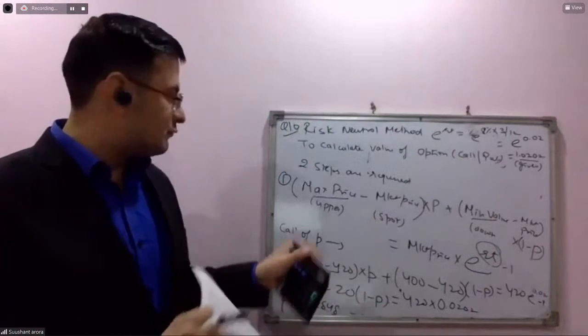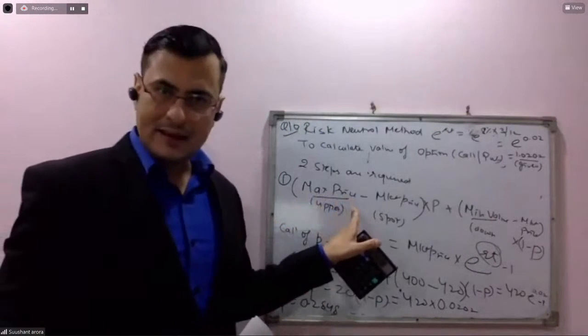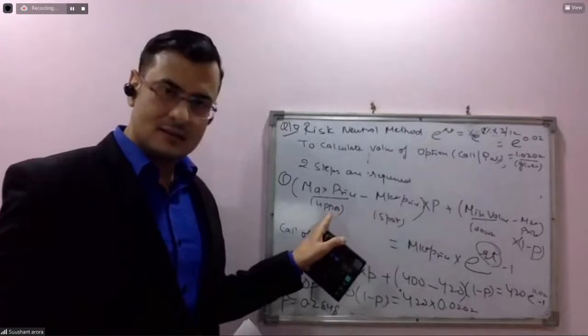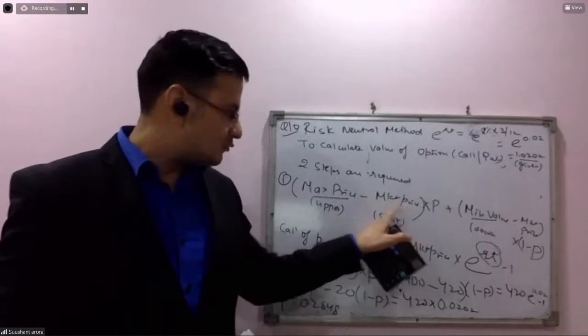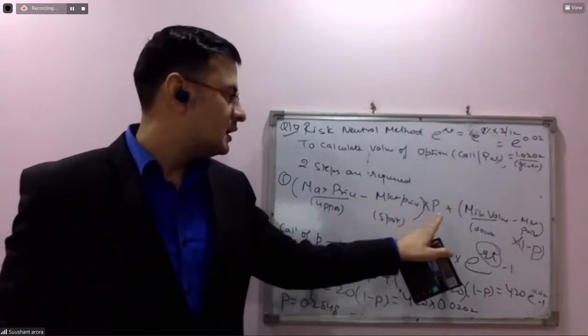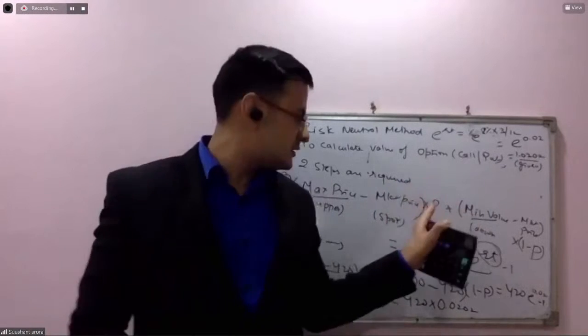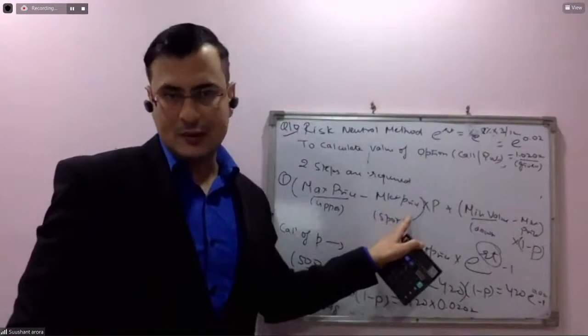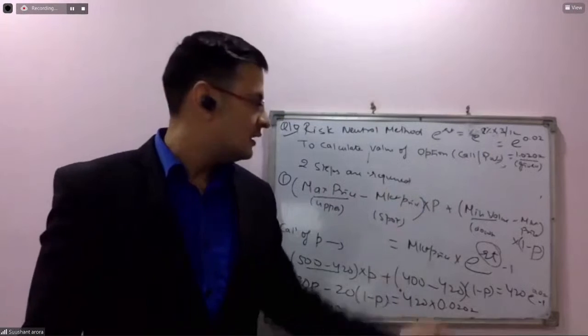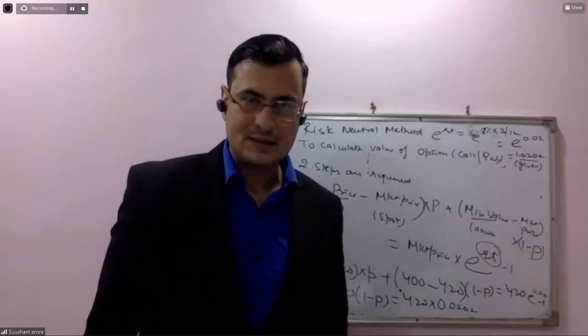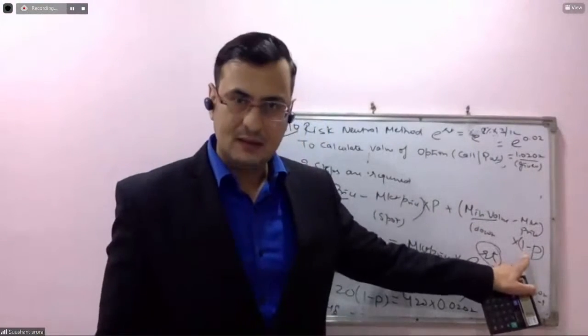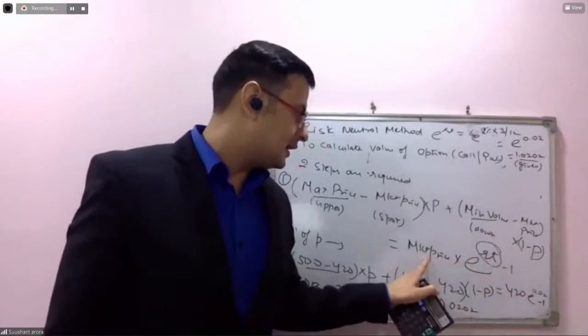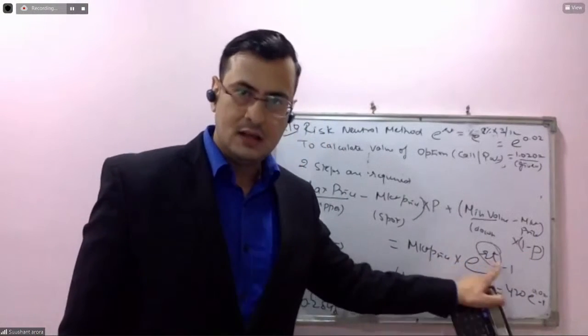model, the formula which says the maximum price, means the higher price, the upper price, minus the market price. So you have to identify both in the exam. Multiply the probability of increasing, because this is a positive value, so it is increasing, so it is P. The minimum value minus the market price, 1 minus P, is equals to market price into e^RT minus 1.